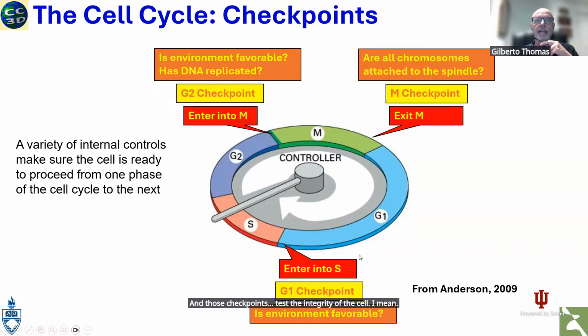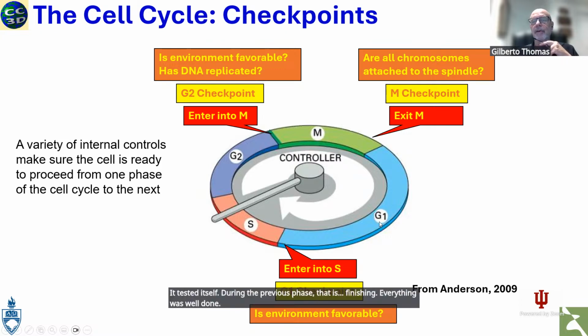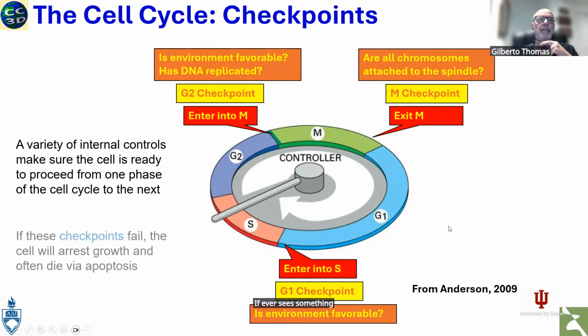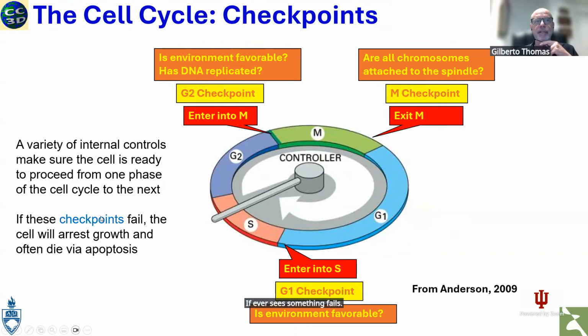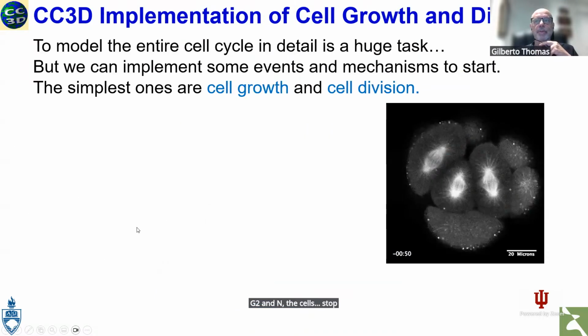I mean, they test whether everything was well done during the phase that is finishing. If one of the checkpoints fails between G1, S, G2 and M, the cells stop the cycle, entering a resting phase, and eventually die by apoptosis.